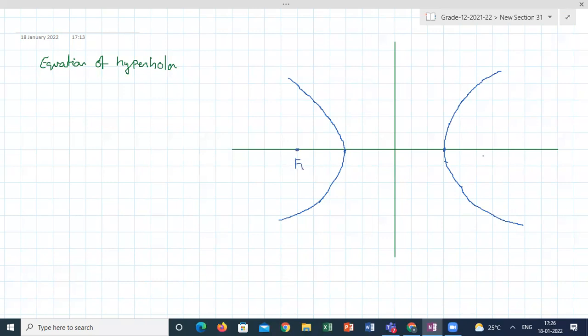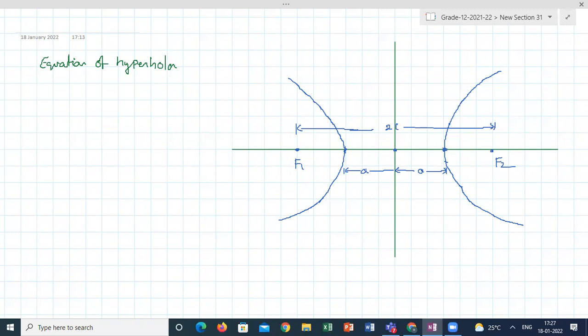This is F1. This is F2. The distance between focus, as you see, names we are not going to change. The distance between 2 focus is 2C, meaning from the center of the hyperbola it is C, and the vertex distance we will consider as A. Generally in ellipse we consider this the major axis, but what about the minor axis?